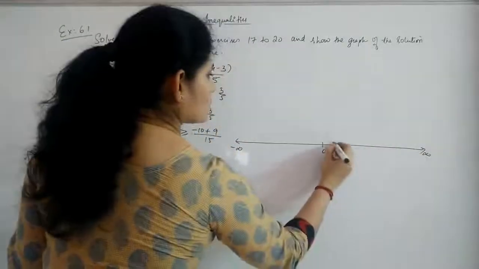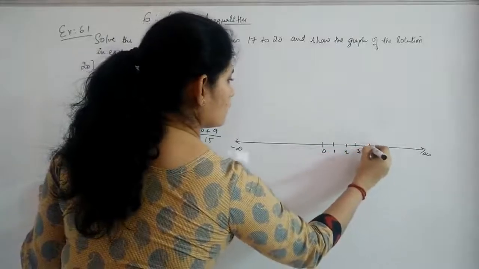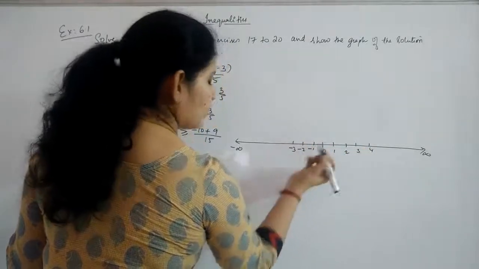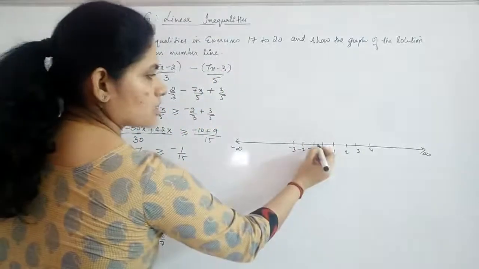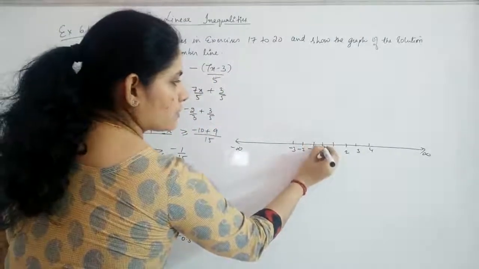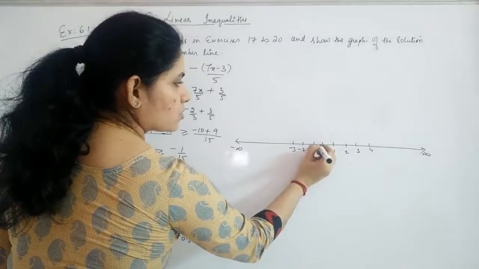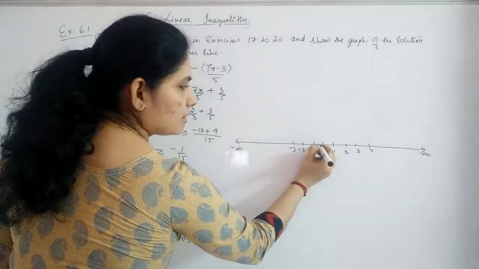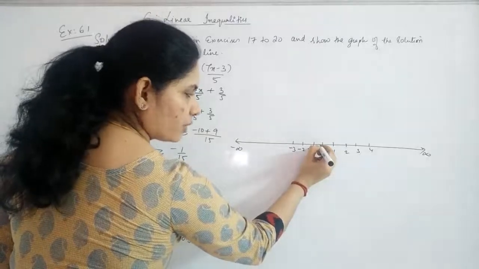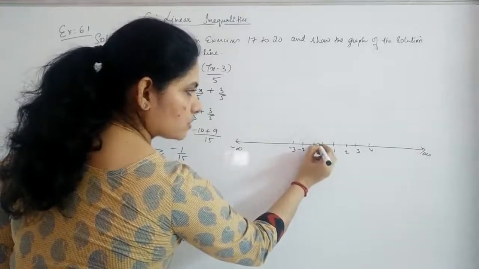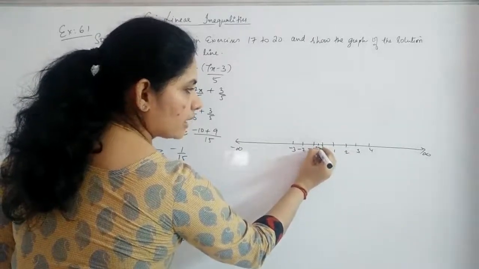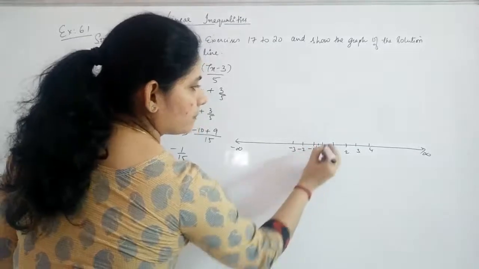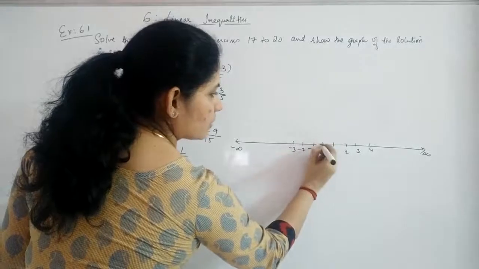Okay. So this is your 1, 2, 3, 4, negative 1, negative 2, negative 3. We need a point which is in between minus 1 and 0. If you break this into 10 parts, the middle point between minus 1 and 0 will be minus 0.5. So you can just take a step here which will represent minus 0.3.